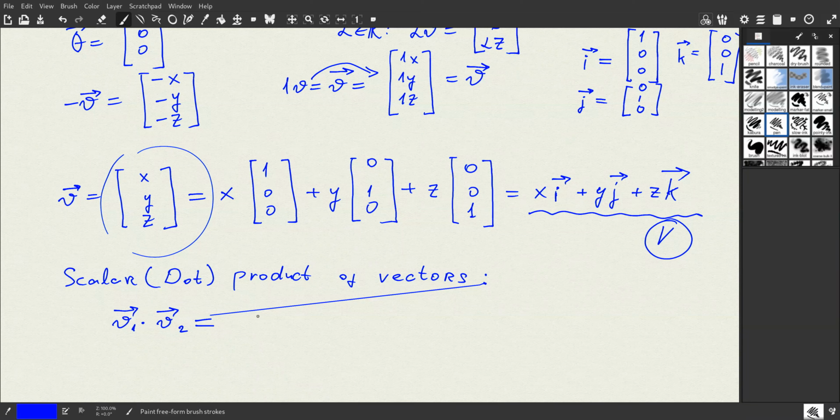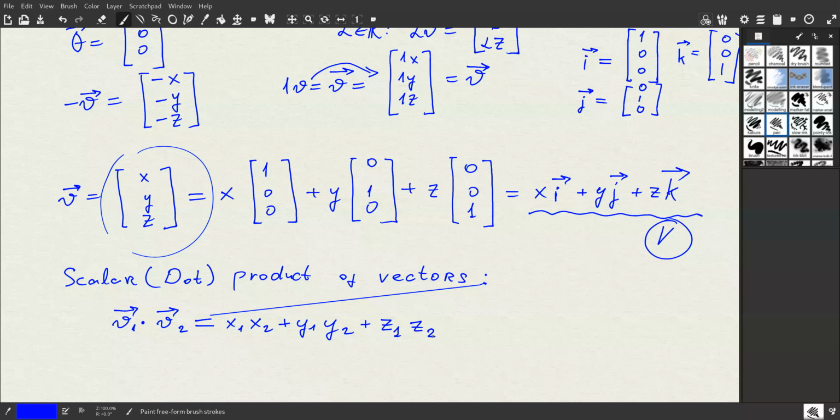Which one? Do you remember? Yes, it's x1 multiplied by x2 plus y1 multiplied by y2 plus z1 multiplied by z2. Exactly. That's exactly correct.